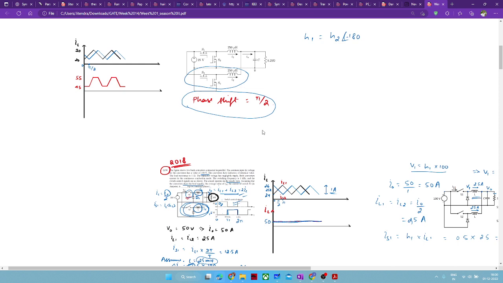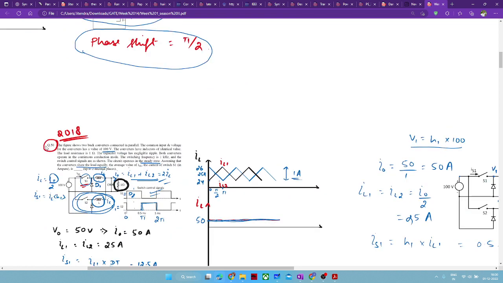Our ripples get reduced, or in some cases, almost zero. Like we saw that problem which was asked in 2018. When we sum up both the signals of inductor current, what happened in the end? That inductor current becomes zero.